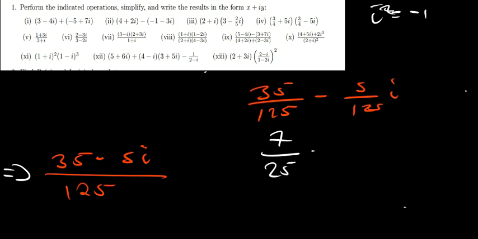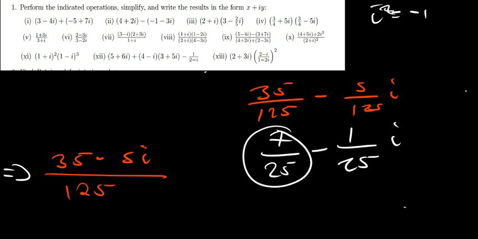Minus again here 5 into 5 is 1, 5 into 125 is 25, so I have got i. Now I can clearly see that this part is the real part, then the next one is the imaginary part. In this case 7 over 25 is x, then negative 1 over 25i is iy.